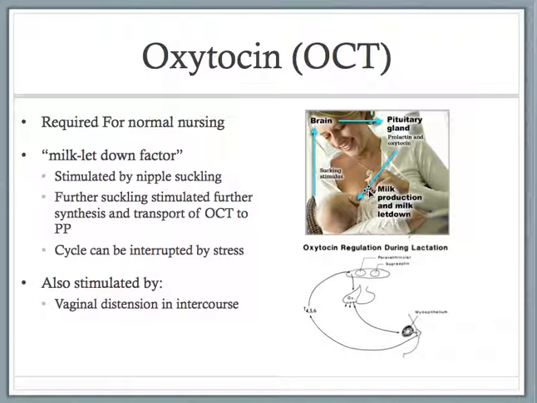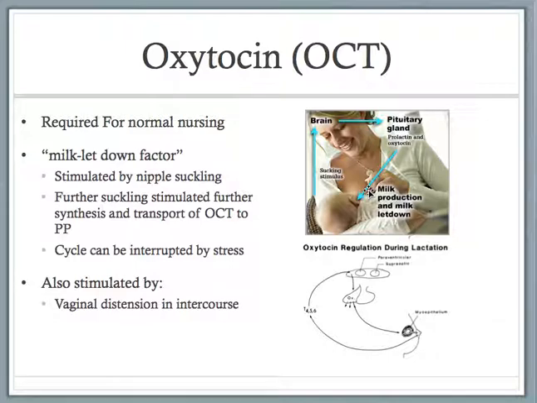But that milk will stay there in the milk cells essentially, until there's contraction in the smooth muscle surrounding those cells. If the milk doesn't leave, it gets impacted there and it causes breast infections, inflammations called mastitis.